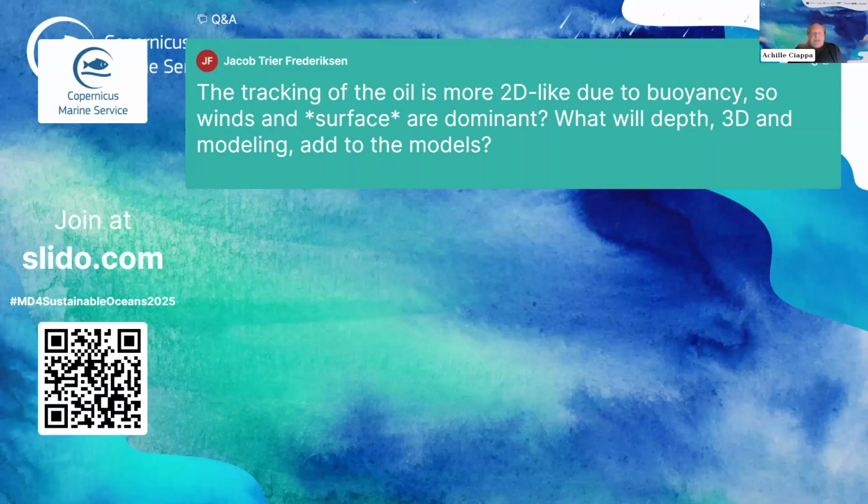So the tracking is bidimensional. It's surface tracking, and the purpose is to understand which sea areas must be monitored first for a specific coastal site or a marine protected area. So this is the purpose, the basic question and the application of this study.